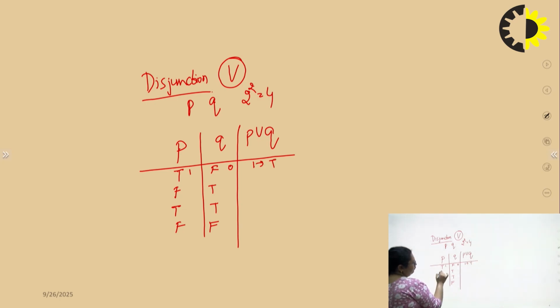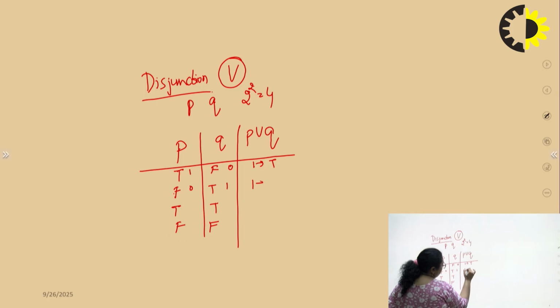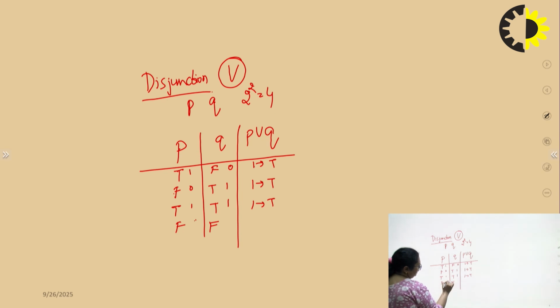Again, F as 0 and T as 1, then 0 plus 1 will again be 1. That is true. Now we take 1 and 1, so 1 plus 1 will be 1. That is true. Again we take 0 and 0, 0 plus 0 is 0.